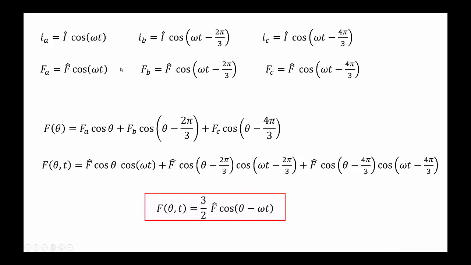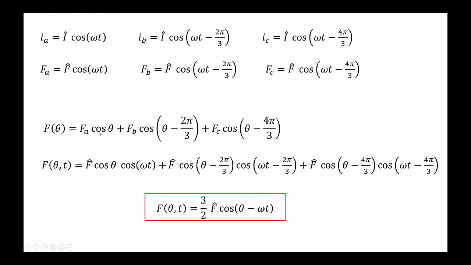Of course, all this can be proven mathematically, and what we're giving here are just mathematical representations of the figure shown in the previous slide. This is the magnetomotive force for each current, and then you add them together, bearing in mind that the magnetomotive forces are also displaced in space with respect to each other by 120 degrees, or 2 pi over 3.